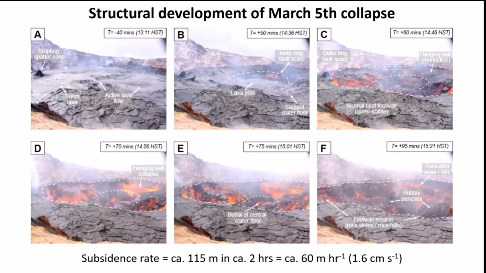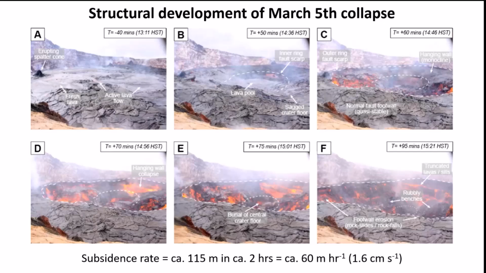My colleague at Hawaiian Volcano Observatory had a camera installed. This is really the best documented collapse ever. There was a remote time-lapse camera installed, so they could decipher in detail how this collapse occurred. It was, as I said, 115 meters in about 2 hours.